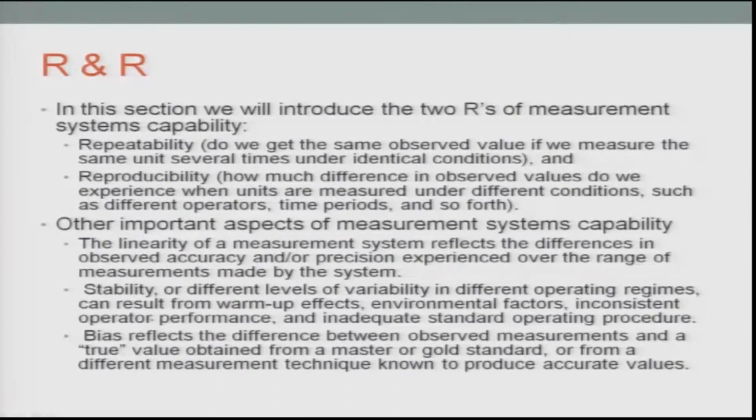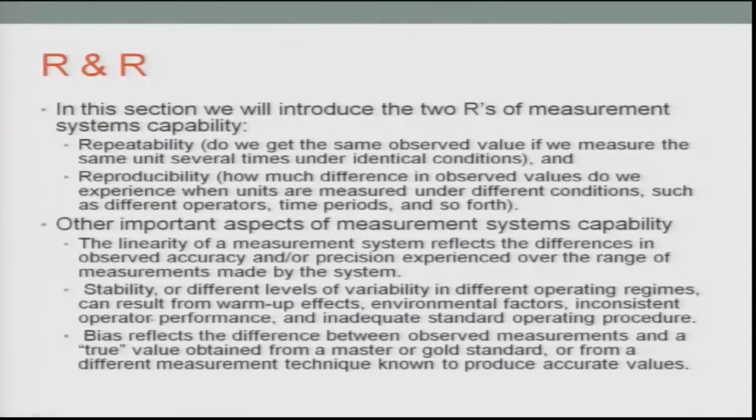Other important aspects of measurement system capability are these. The linearity of the measurement system reflects the difference in the observed accuracy or precision experienced over the range of measurements made by the system. Stability refers to different levels of variability in different operating regimes. So, you want to understand the effects of warm-up, environmental factors, inconsistent operating performance, and inadequate standard operating procedures.